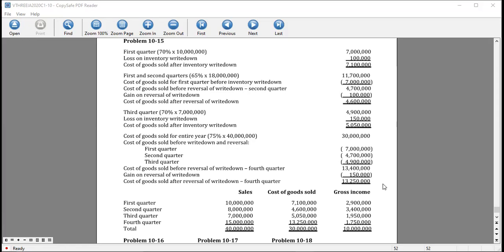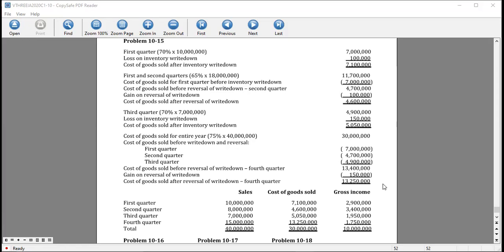Okay. So next, third quarter, 70%. That's the gross profit rate. I mean the cost rate. 70 percent times 7 million. That's the amount of sales for the third quarter. And then we have the loss on inventory write down equal to 150,000.